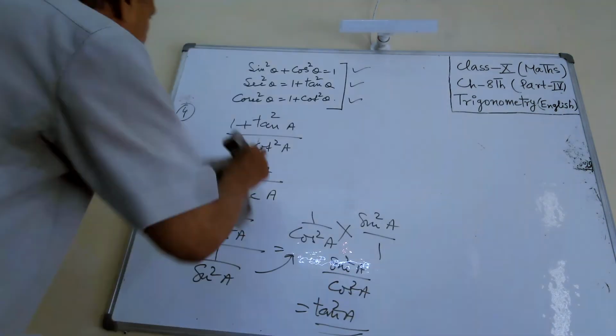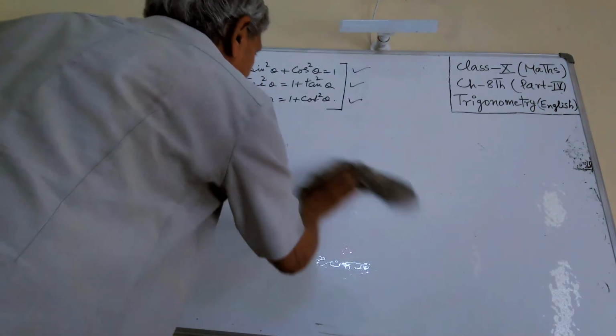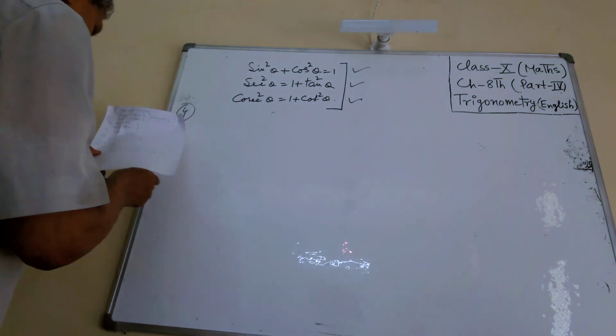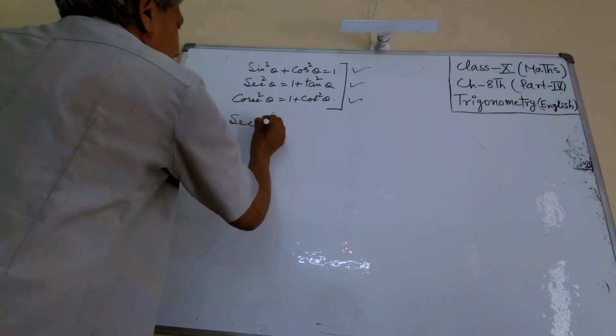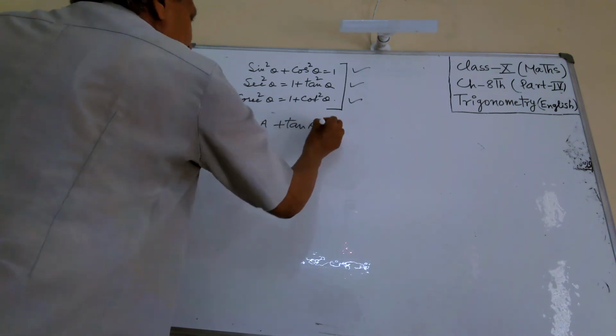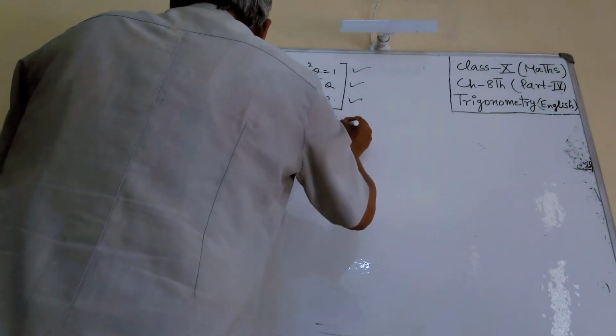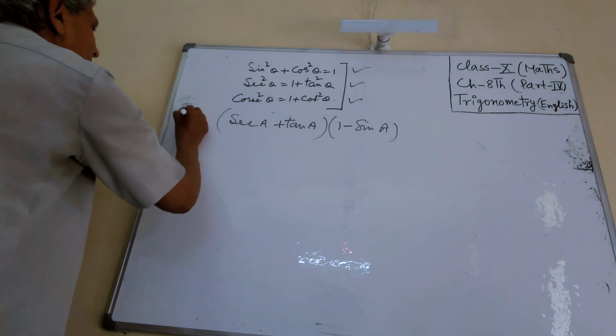Now, fifth question: sec A plus tan A into 1 minus sine A. This is the fifth question.